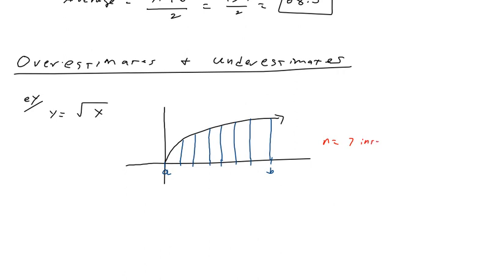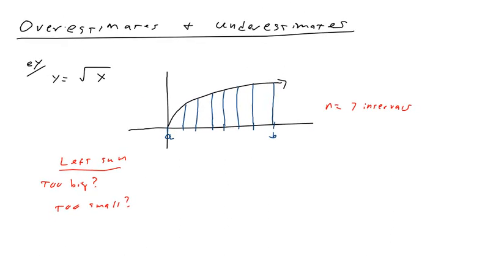If I were to do a left Riemann sum, is it going to be too big or too small? If I used the left edge of my function here, the left edge of these intervals, is it going to be too big or too small?